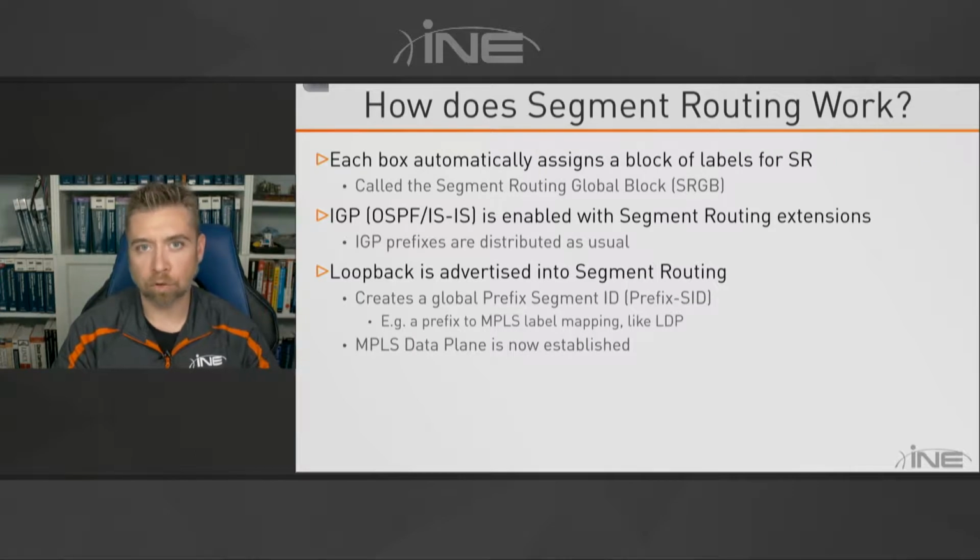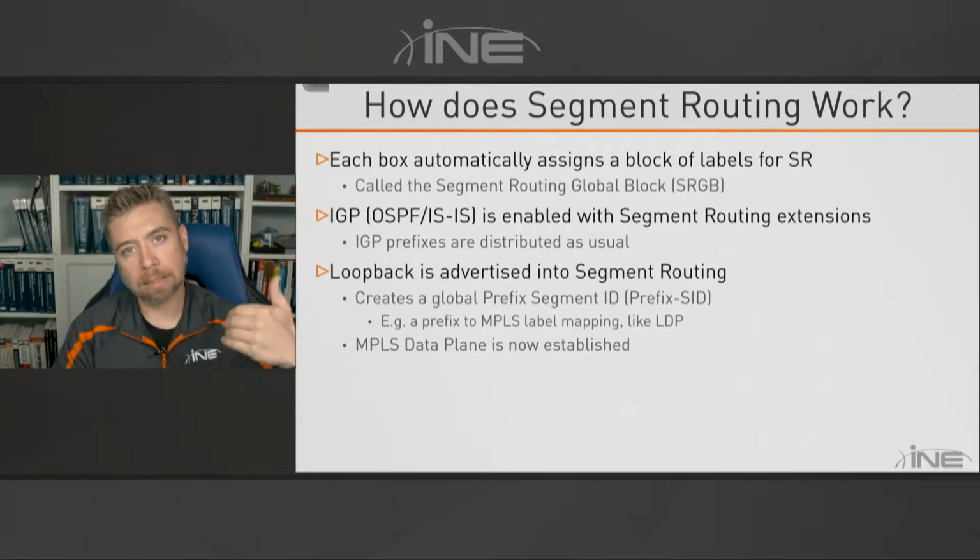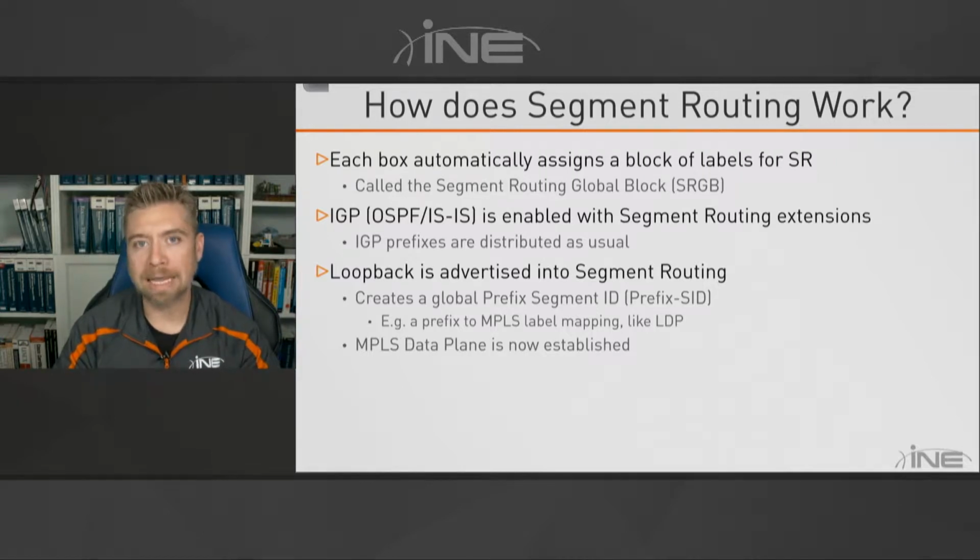So either VPNv4 for IPv4 over MPLS VPNs, or VPNv6 for IPv6 over MPLS VPNs. So the key is that I take a customer prefix and I advertise it across the provider network to the other side, and when I do that, I set the BGP next hop to my loopback. This means from an MPLS labeling point of view, technically you only need the loopback to have a label binding in order to forward the traffic end to end.